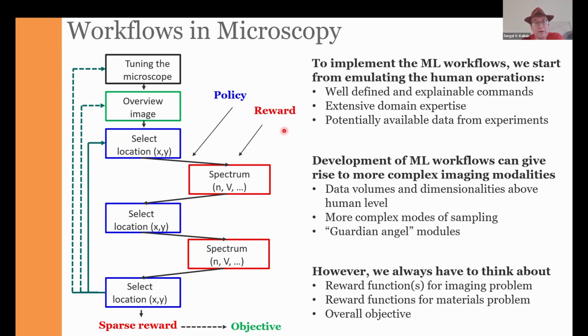However, if we don't have the policy or reward or sparse reward, if we only have a long-term objective, we simply cannot use machine learning to do anything. It's like having the mathematical equation which has an equality sign, but nothing on the other side. So in this case, in order to formulate the experiment, we need to have policies or rewards.